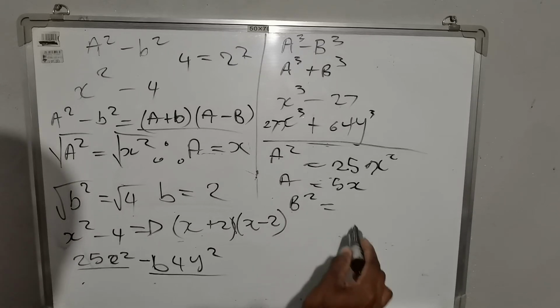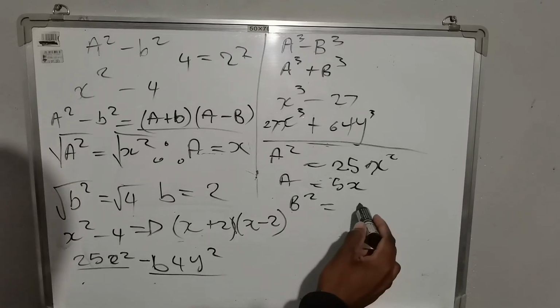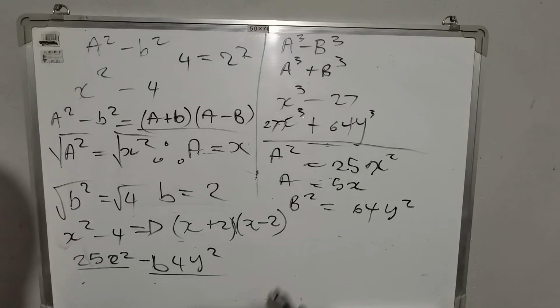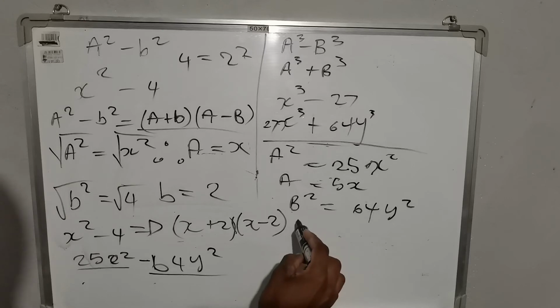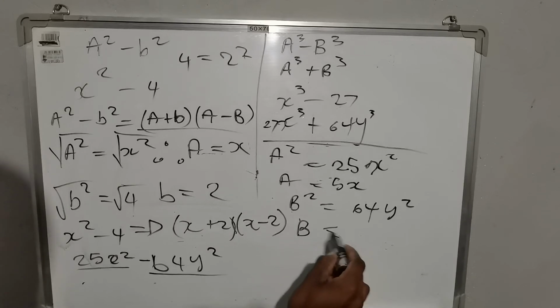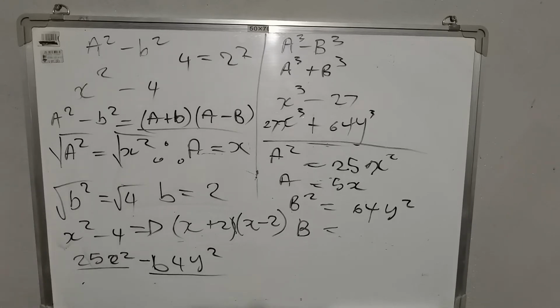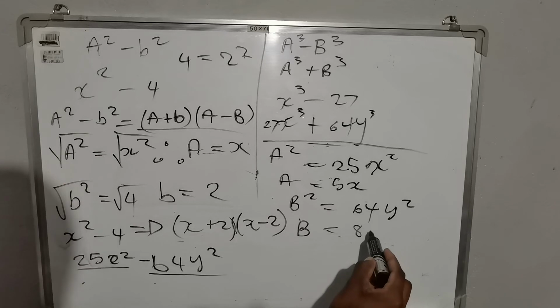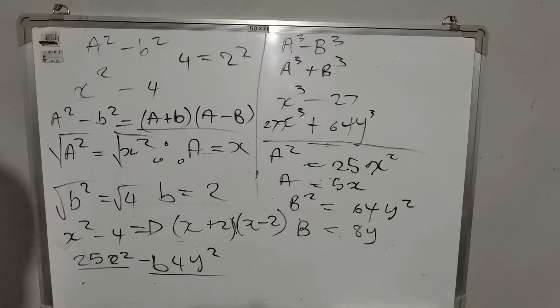b squared is equal to 64y squared. So this makes b equal to, what is the root of 64? It's 8. This makes 8y.